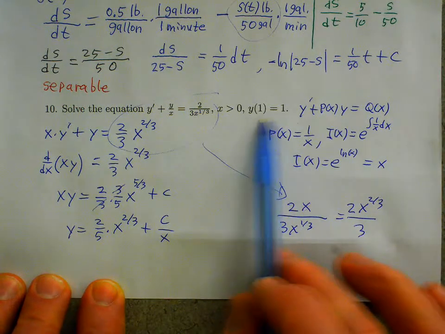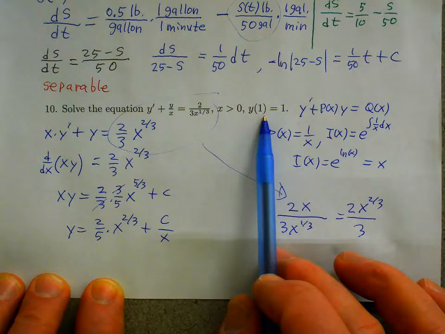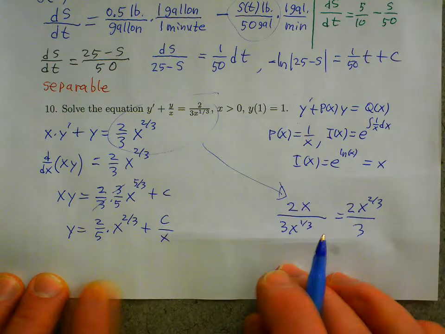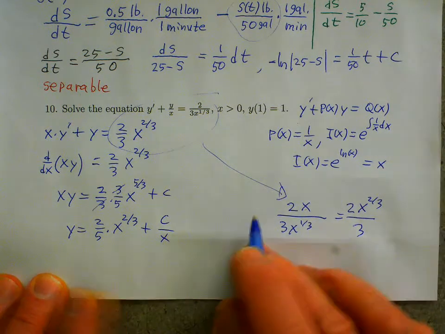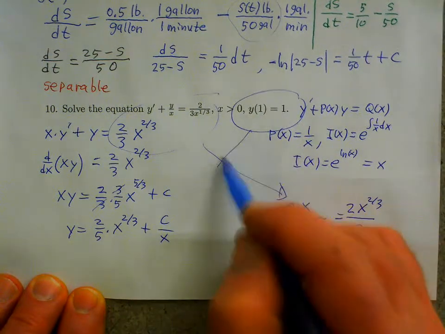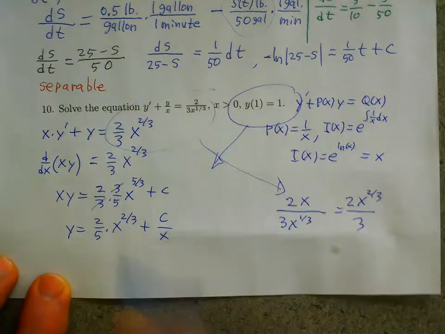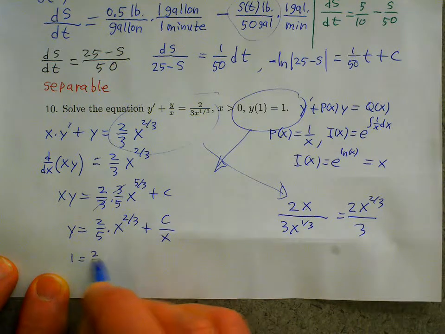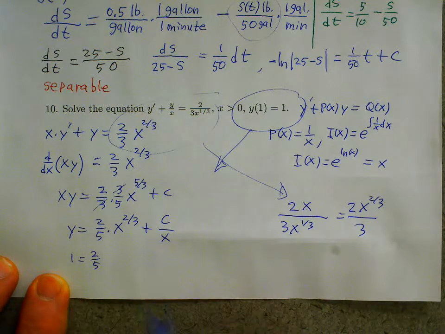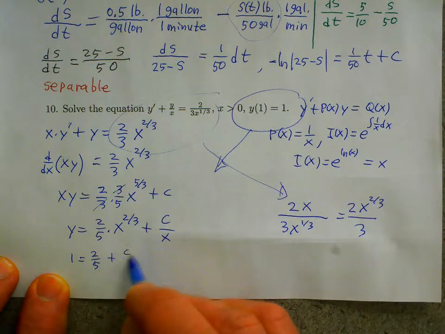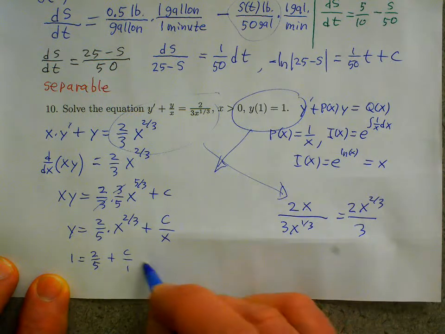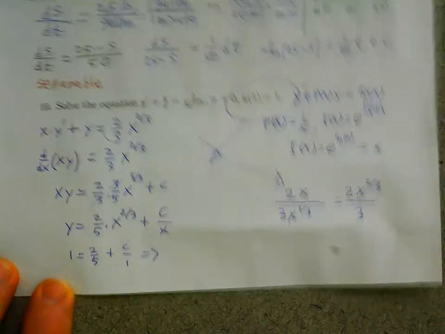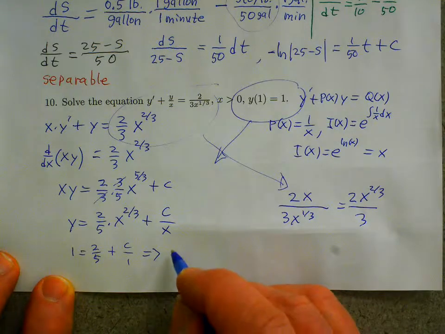And then the initial value, y of 1 equals 1. So when x is 1, y is 1. So we get 1 equals 2/5 times 1 plus c over 1. This implies that c is equal to 3/5.